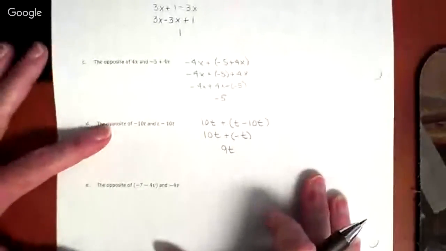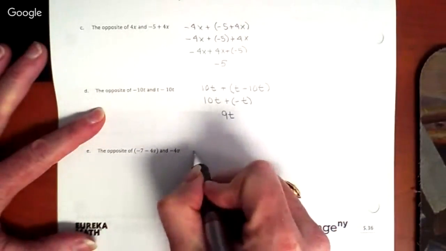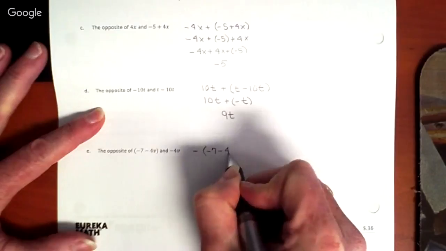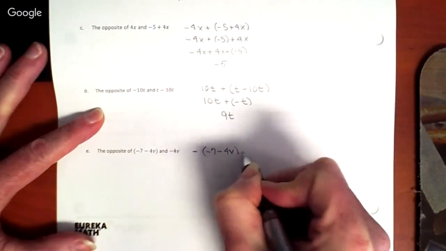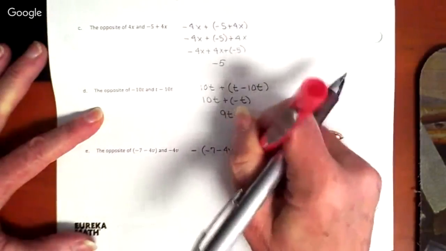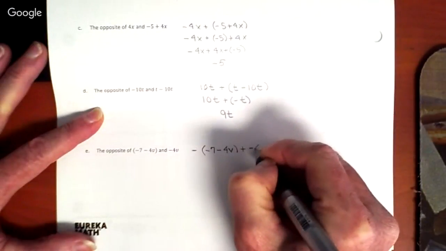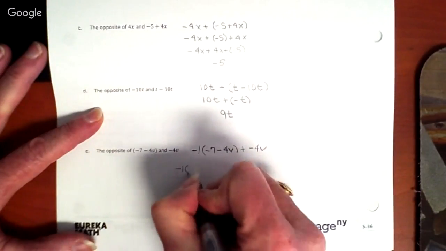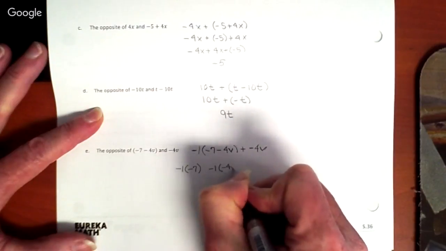My next problem, I have the opposite of negative 7 minus 4v and negative 4v. So we have negative 1 times negative 7, negative 1 times negative 4v.